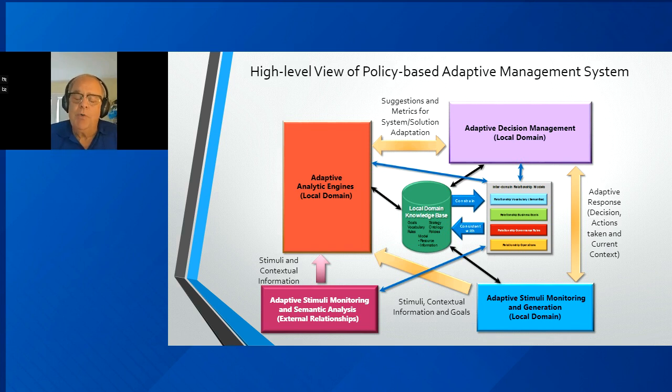So what we're trying very hard to do is not to develop an isolated standard, but one that's complementary and draws very much on standards throughout the industry.